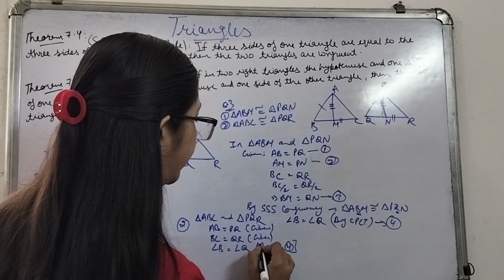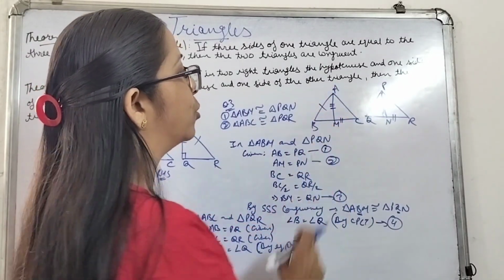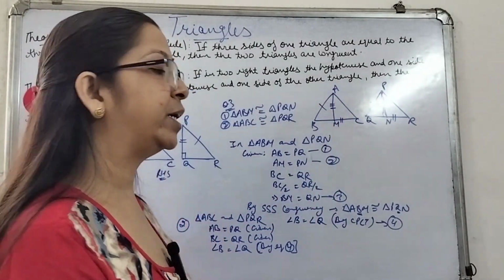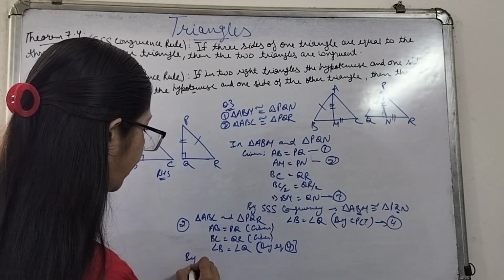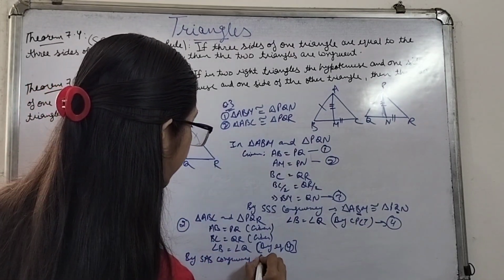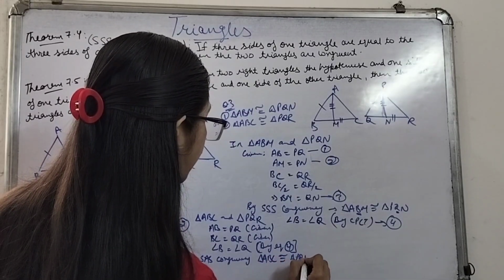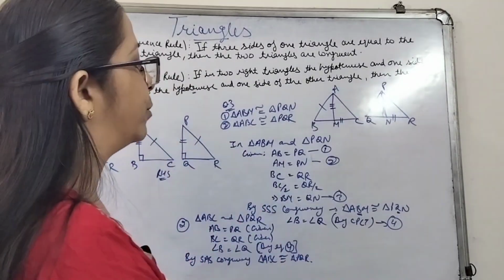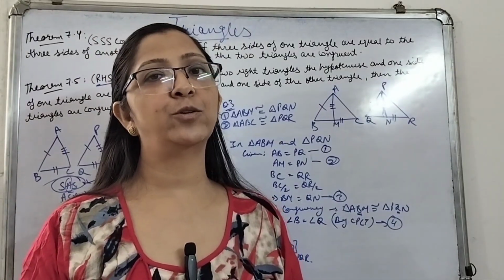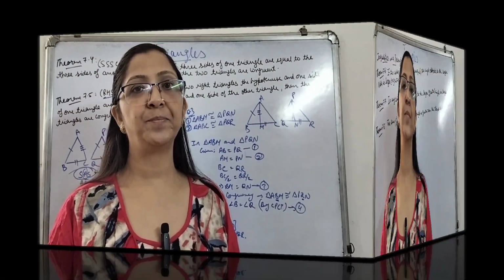So by SAS congruency, triangle ABC is congruent to triangle PQR. This is how, by using any of the congruency rules, we can prove triangles to be congruent.